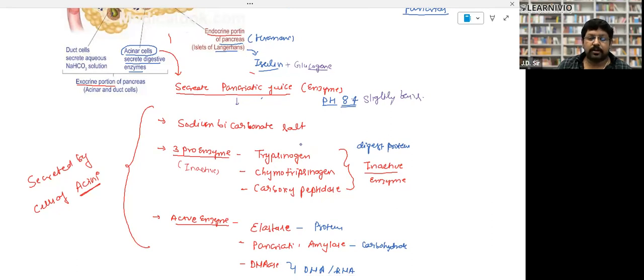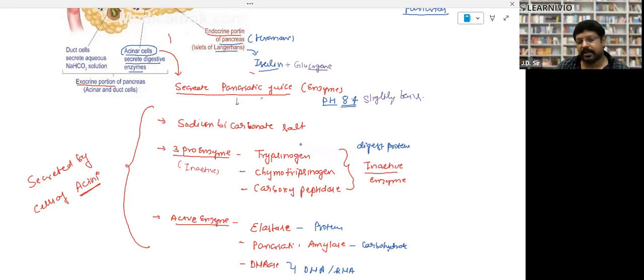Trypsinogen, in future it will become trypsin and digest protein. Chymotrypsinogen, it will become chymotrypsin and digest protein. Carboxypeptidases, they will digest the peptides, right? So all three are meant for digestion of protein, right? Trypsinogen, chymotrypsinogen, and carboxypeptidases. These all are proenzymes.